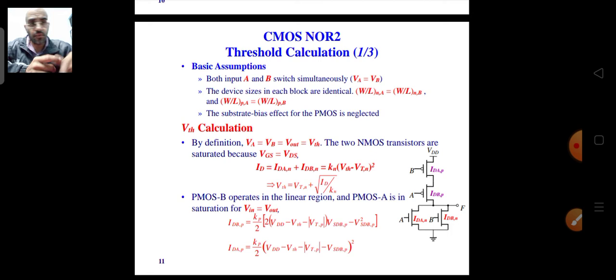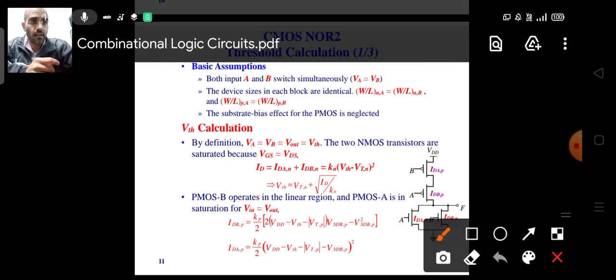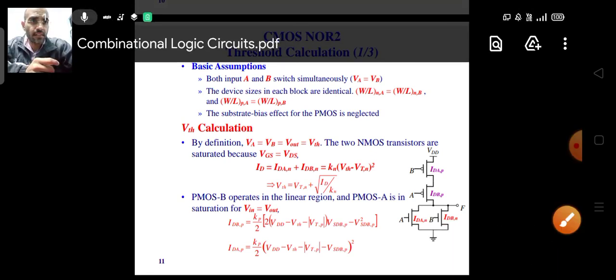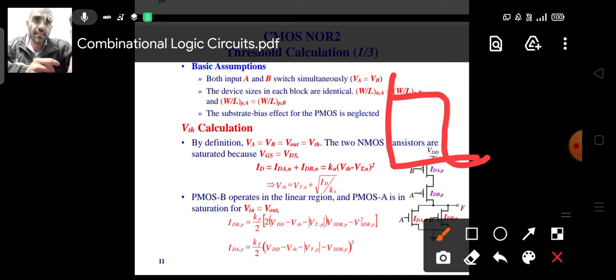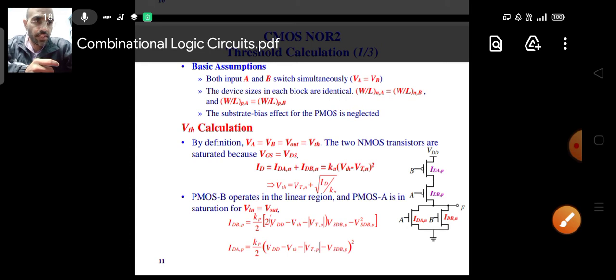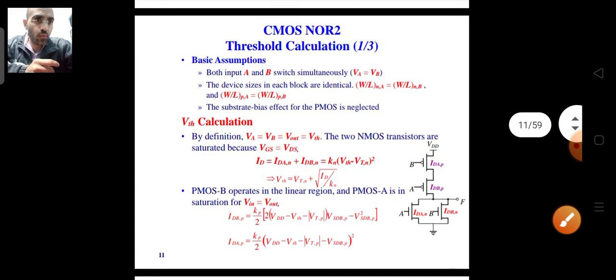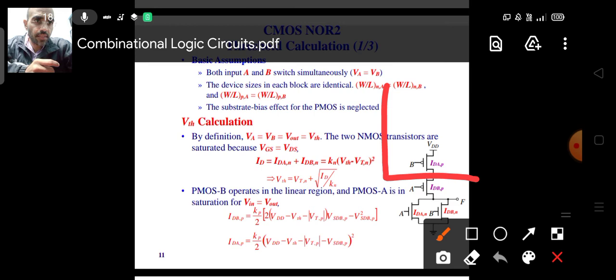If you recall the CMOS inverter VTC, it looks something like this. You see where the threshold voltage falls, somewhere near here. And your VTH falls somewhere in between.